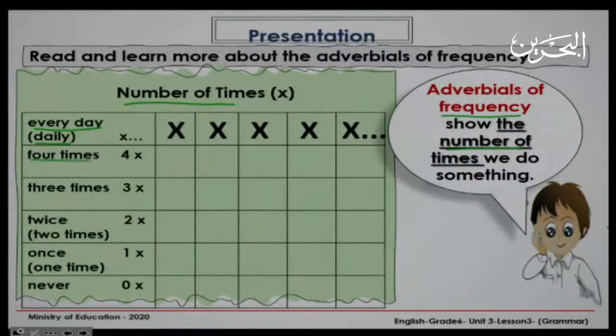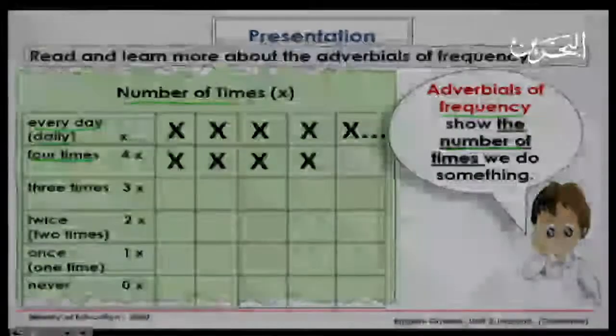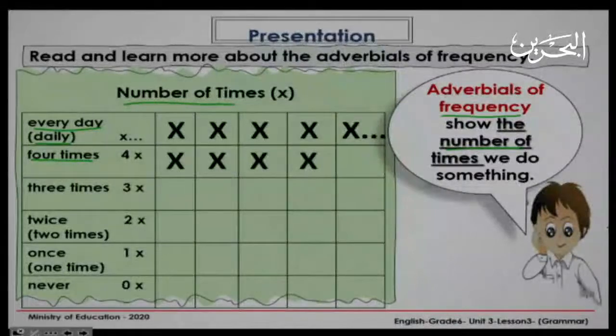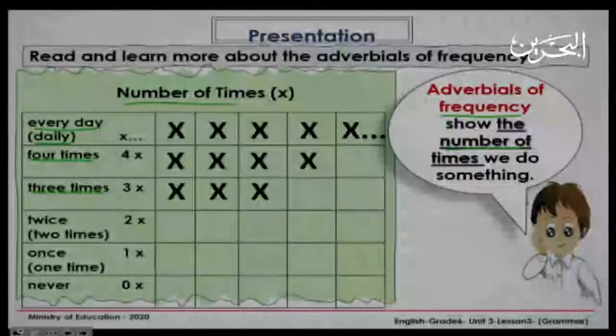The second one we have 4 times. We have 4 X's. It means you do this activity 4 times a week, a year, or a month. The third one we have 3 times. Okay, it means you do this activity 3 times, a year, a month, or a week again.